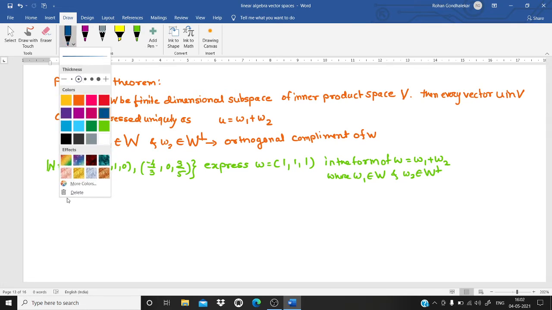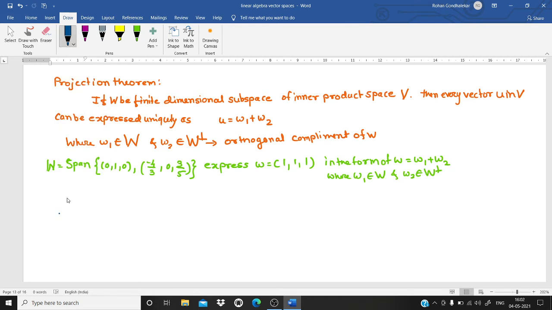Okay, fine. Now let's solve this example. How can you proceed? We are taking these two vectors, we call them V1 and V2. 0, 1, 0 is my V1 and V2 will be minus 4 by 3, comma 0, comma 3 by 5.